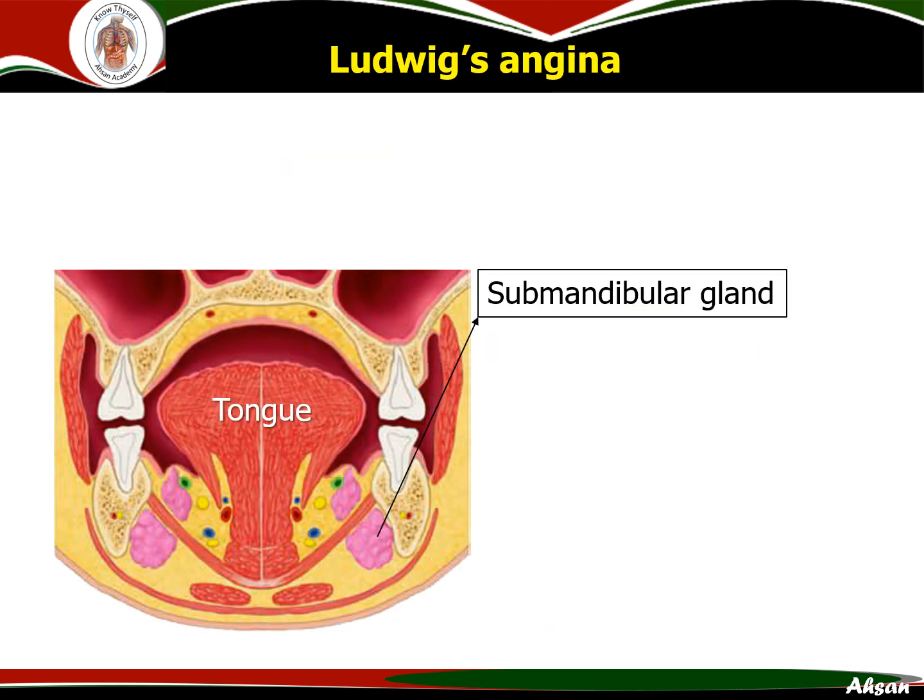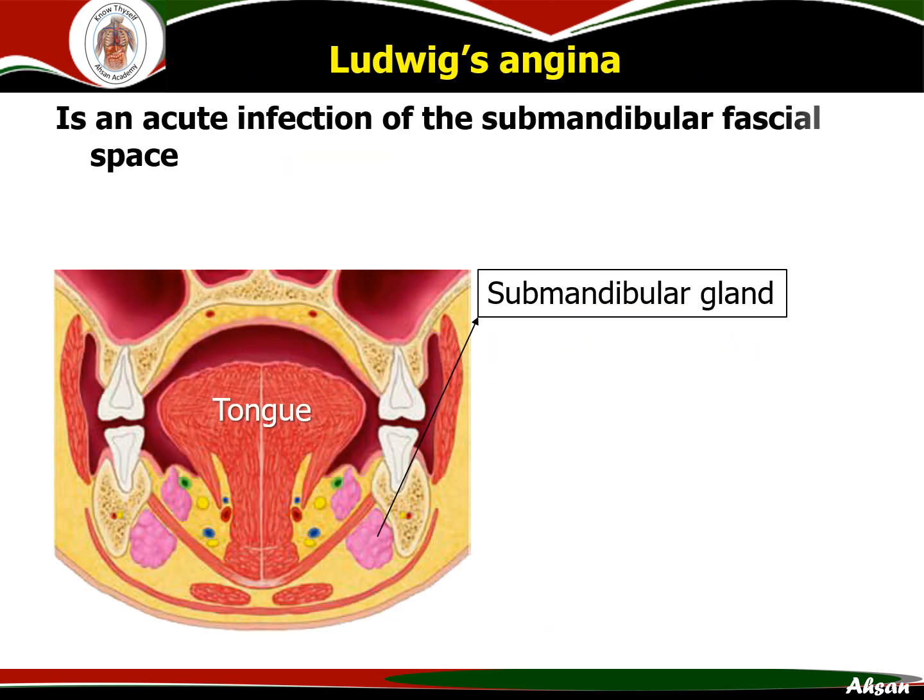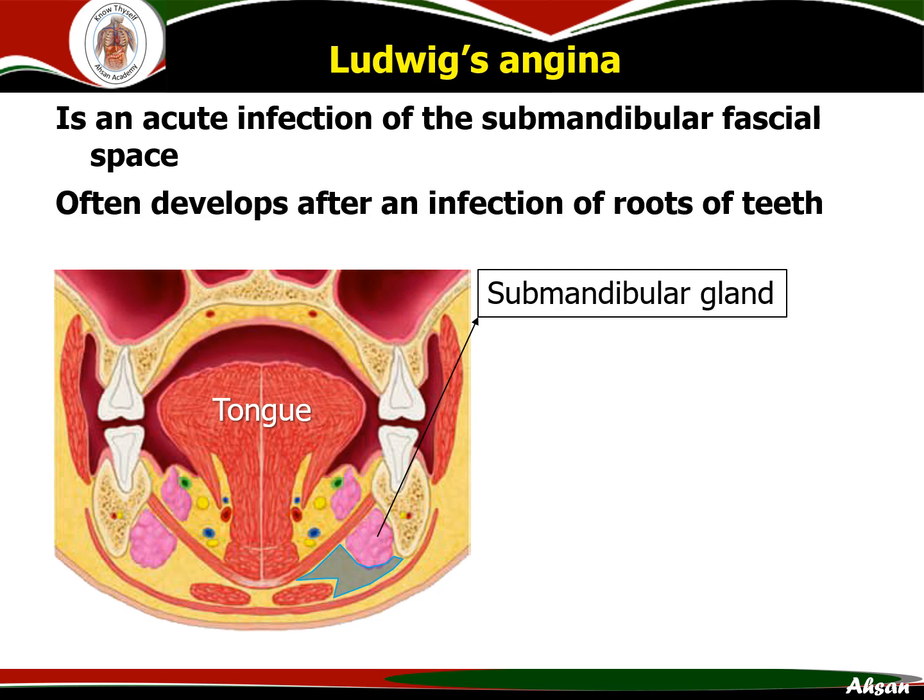You can see in the figure the tongue and the submandibular gland, and the stained area is the space in the submandibular fascial region. So this area, if infected, is known as Ludwig's angina, and often it develops from the spread of infection from the root area of a tooth.